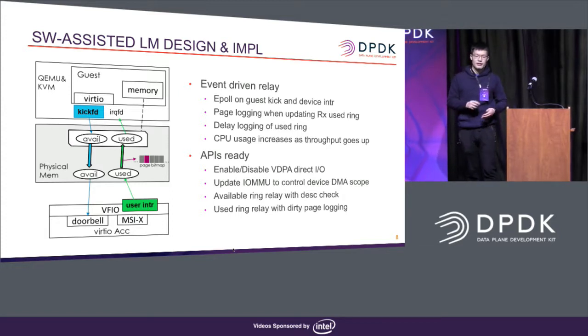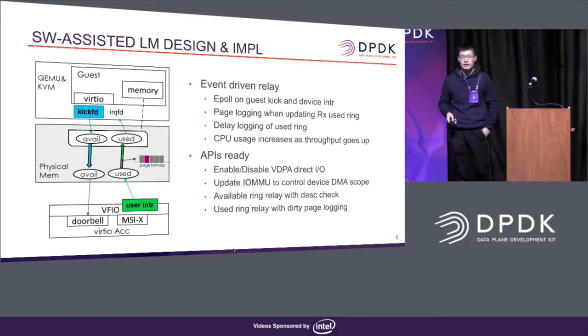It epolls on these interrupt FDs, and when either the guest driver does a kick or the device issues an interrupt to the user space, the relay thread will get notified, and then it will figure out what the event is.